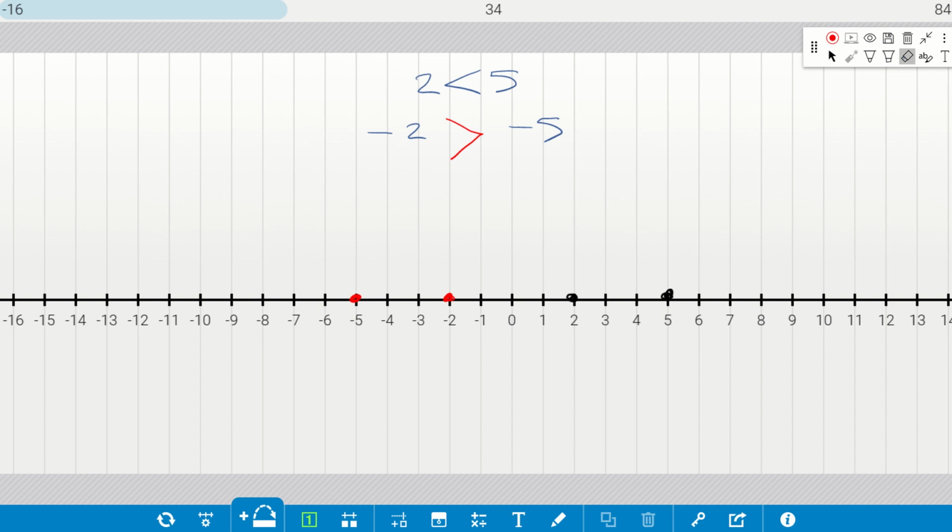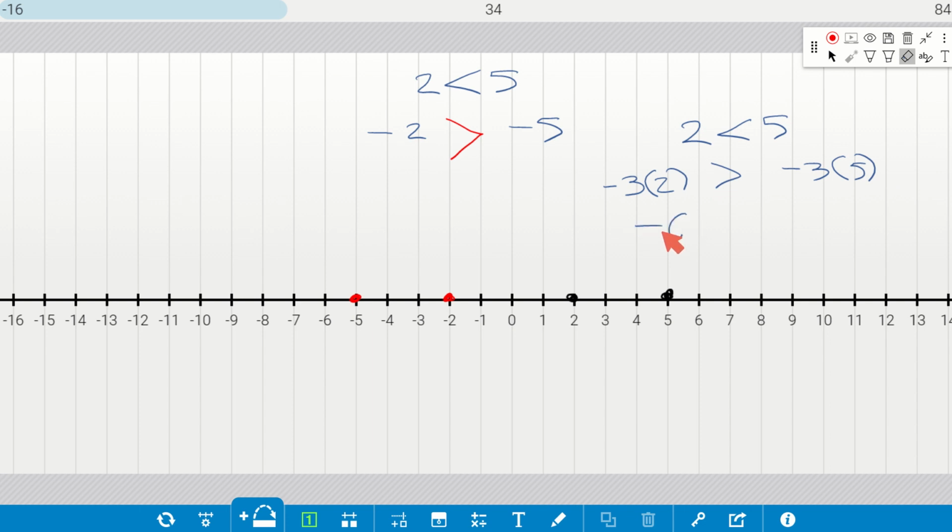Now, this is going to happen not just when you multiply by -1, but when you multiply the two sides of an inequality by any negative number. So, for example, if I have 2 is less than 5 and I multiply both sides by -3, same business. As soon as you multiply by a negative number, you need to switch the direction. So as soon as I say -3 times 2 and -3 times 5, without hesitation, I switch the direction of the inequality.